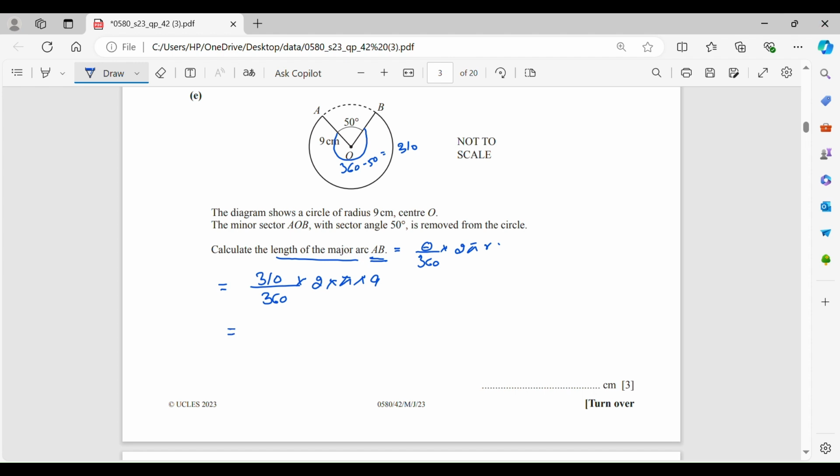So this will be equal to 48.69468613 approximately, which is 48.7 centimeter. So our answer is 48.7.